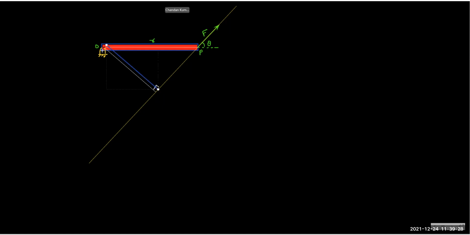So if I replace the actual rod with this rod, hypothetically, then it will exactly create the same torque as the actual rod will produce. And therefore, if this is R, this is theta. So what is this new rod and how big is this rod? The answer is R sin theta. And now you can see this force itself is normal to this new rod.